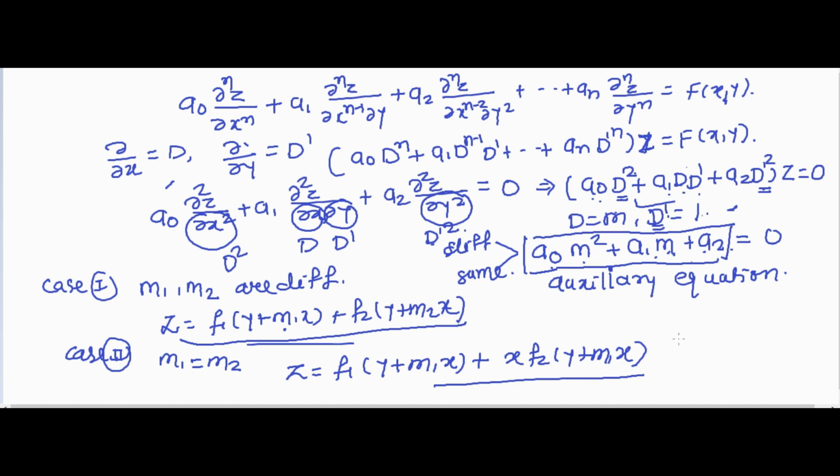If the roots are different, then z equal to f1 (y plus m1 x) plus f2 (y plus m2 x). If the roots are the same, then z equal to f1 (y plus m1 x) plus x into f2 (y plus m1 x). So remember this very simple and important technique of finding the solution of partial differential equations with constant coefficient.